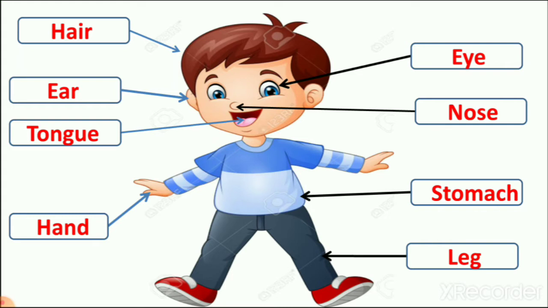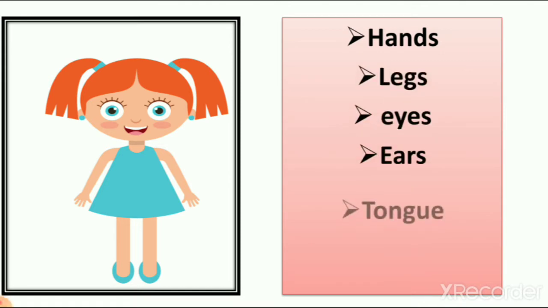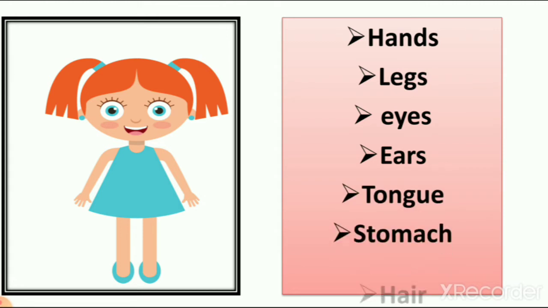So I hope you all remember that which body part we know. So when we see arrow of nose, we can touch our nose, right? So we can understand that we have one nose. So in previous lecture we write the spelling of this body part. Then we write different name of body parts: hands, legs, eyes, ears, tongue, stomach and hair.